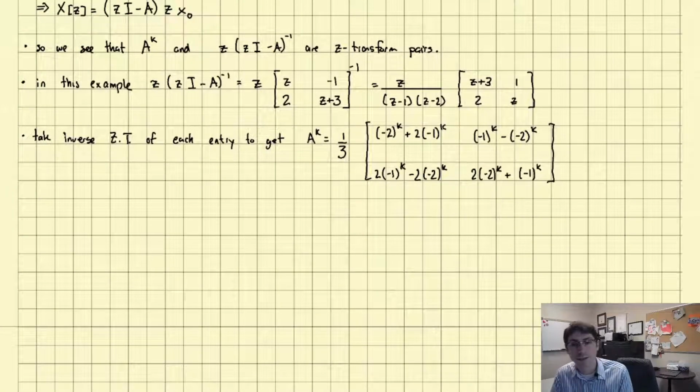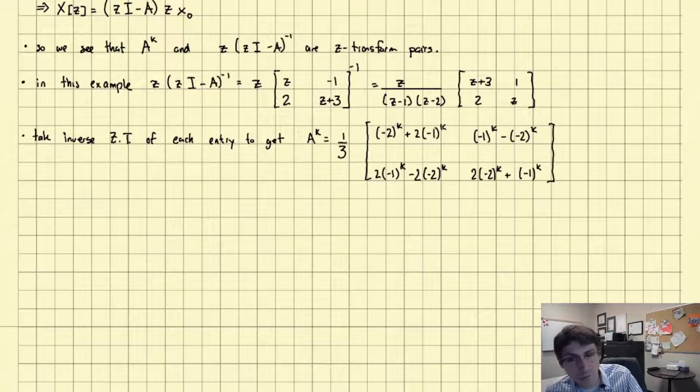So looking at this thing, what happens as k advances? Well, you can see that it's definitely not going to go to 0, right? We have this negative 2 to the power of k showing up all over the place. And it'll oscillate between positive and negative, but it's going to get bigger as time advances. Similarly, that negative 1 to the k term, it's going to oscillate between positive and negative, but it's always going to be a magnitude 1.